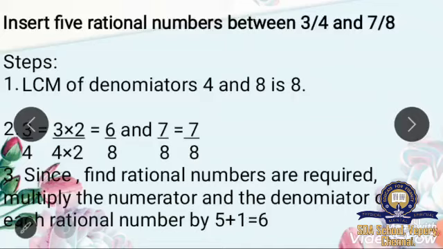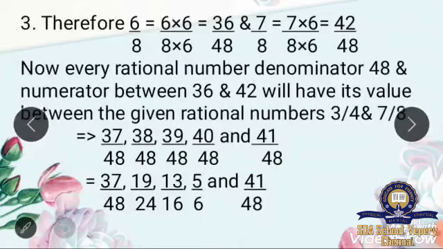The next step is, since 5 rational numbers are required, let's multiply the numerator and denominator of each rational number by 5 plus 1, which is equal to 6, because we want to find 5 rational numbers.